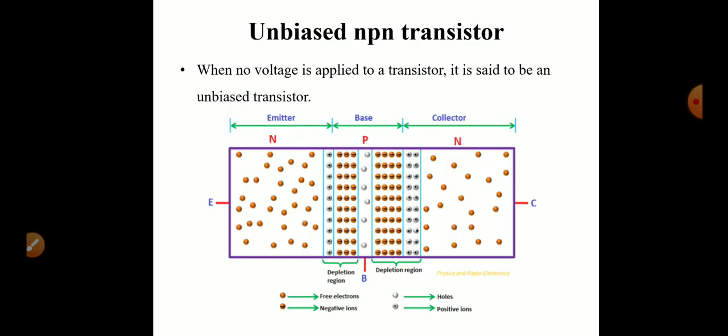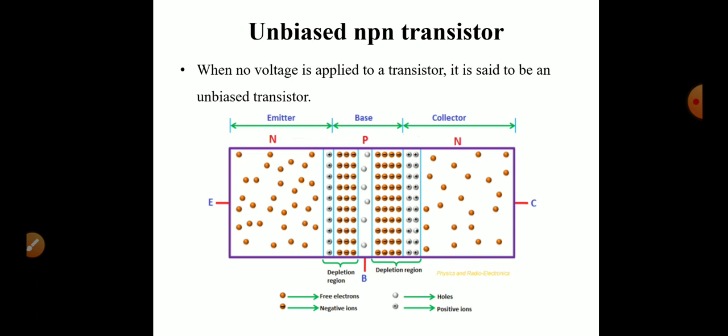Next is the biasing of the transistor. First we are going to explain the unbiased NPN transistor. Unbiased means when we give no voltage to a device, then we say that the device is in the unbiased condition.